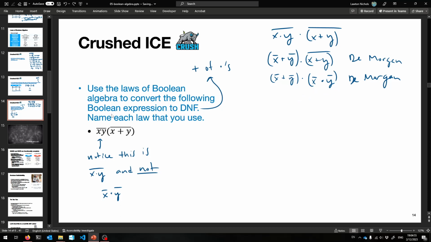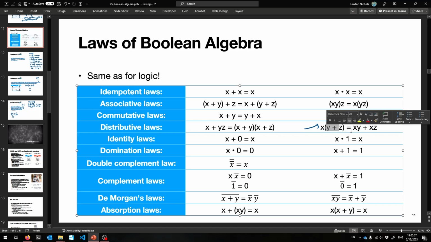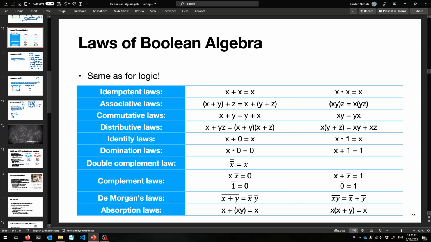So we would like to put one of those here and one of those here with one of the distributive laws, and I think it's the one that has multiplication on the outside. So like x times y plus z is equal to xy plus xz, and you see how that is in a conjunction of disjunctions. Cool.